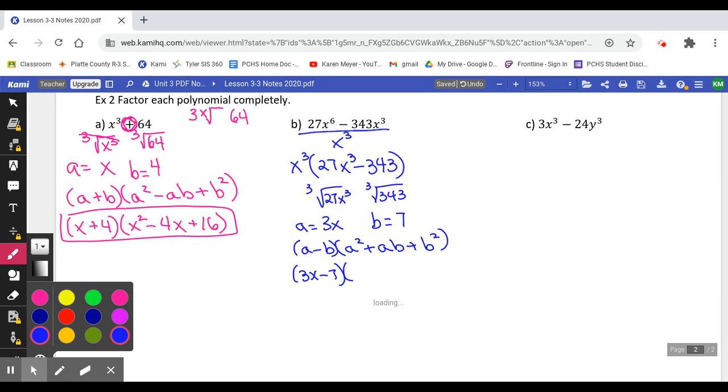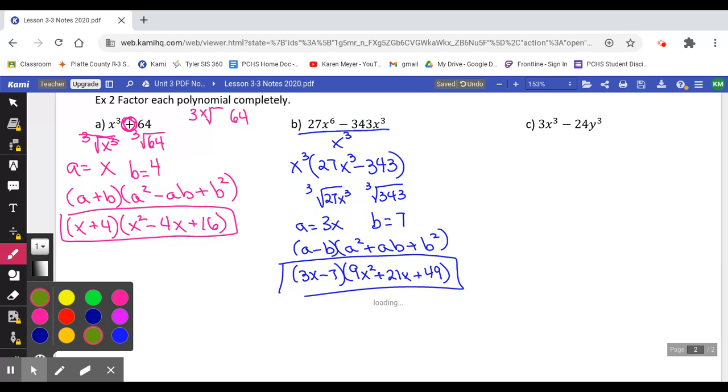So square 3 for 9, square x for x squared. Plus 3x times 7 is 21x. Plus 7 squared is 49. Done.